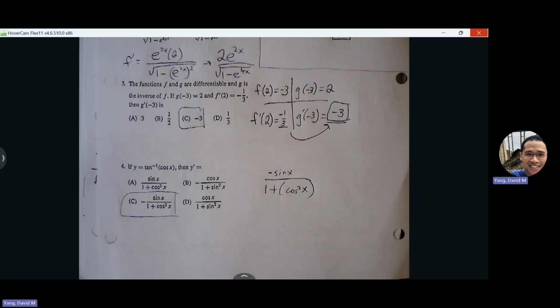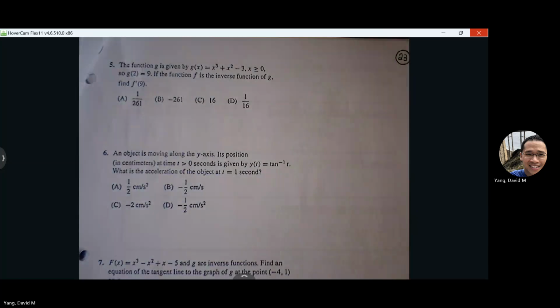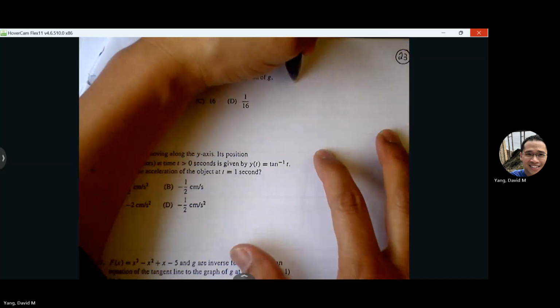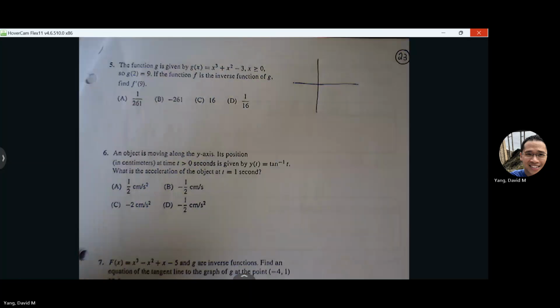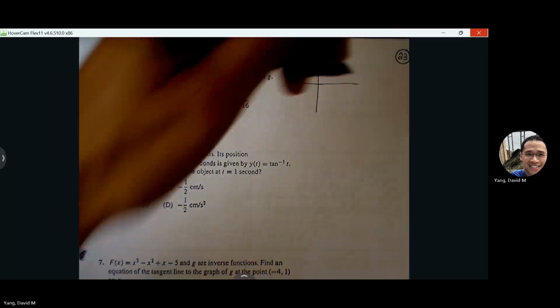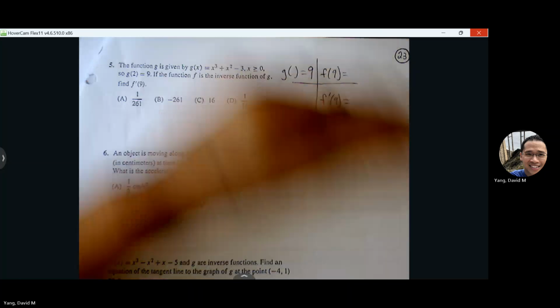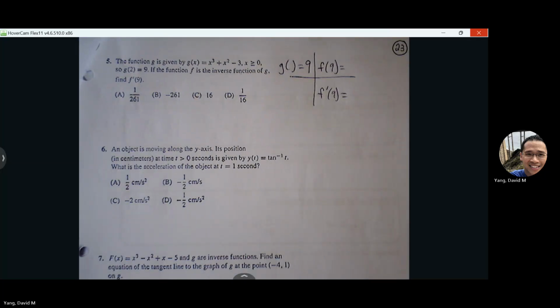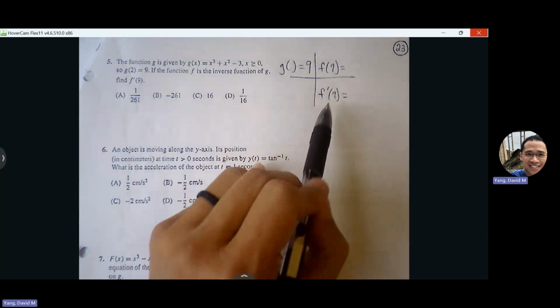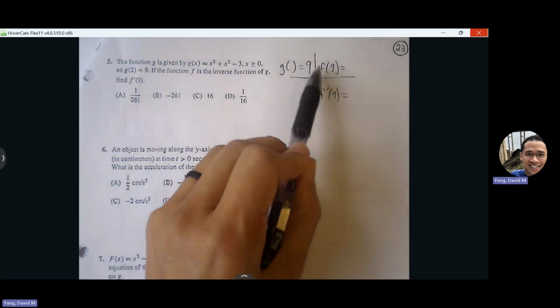Okay, page 23. Because I know I'm looking for f prime of 9, I can just go ahead and set all this up without even looking at the rest of the problem.